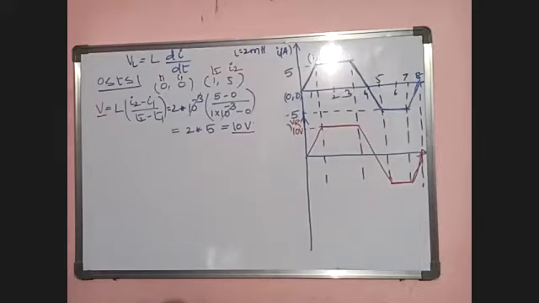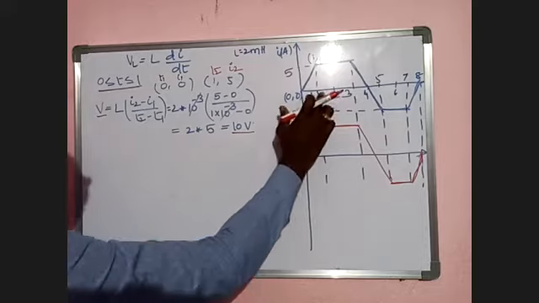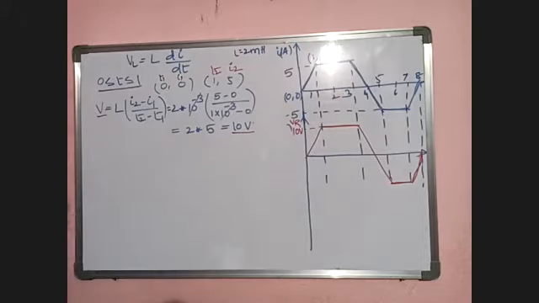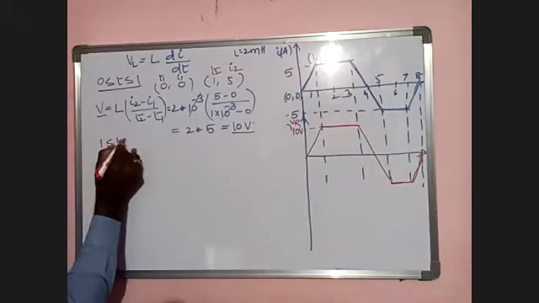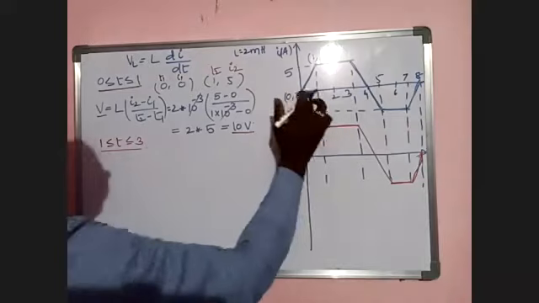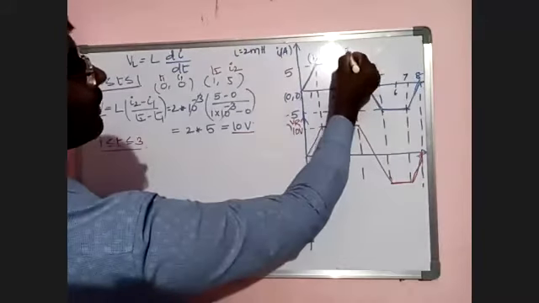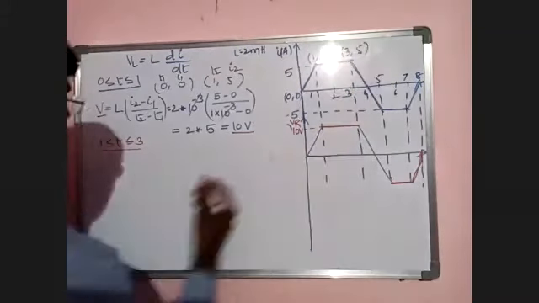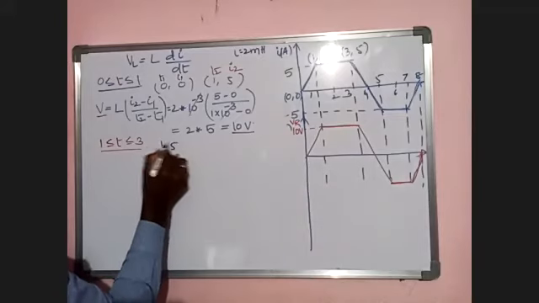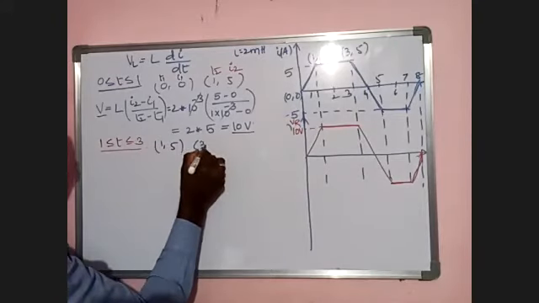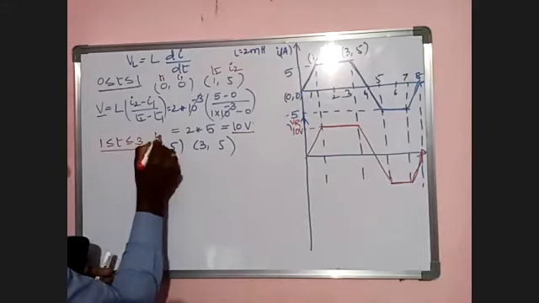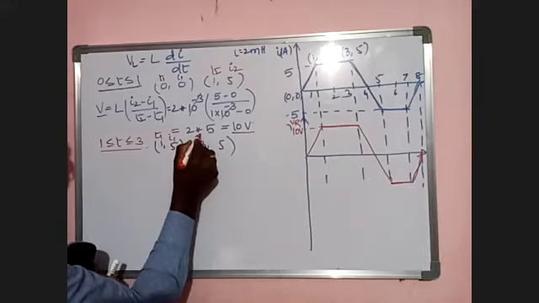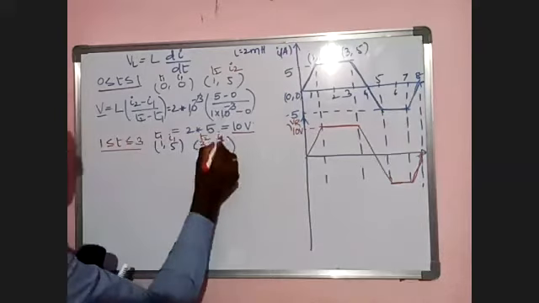Okay. Now, come to 1 to 3. 1 less than or equal to t less than or equal to 3. There are 2 points, 1, 5 and 3, 5. Here again, T1, I1, T2, I2.